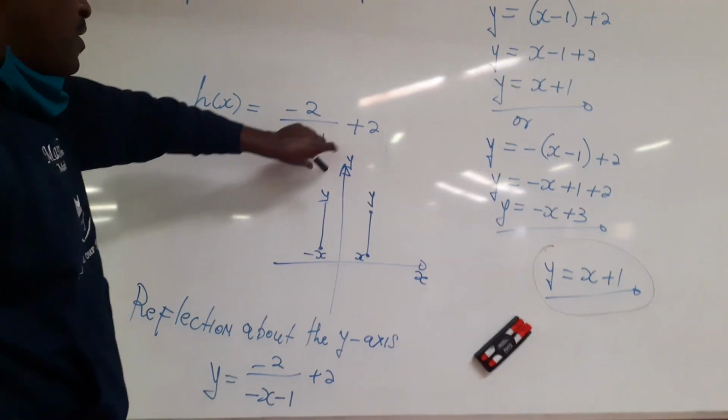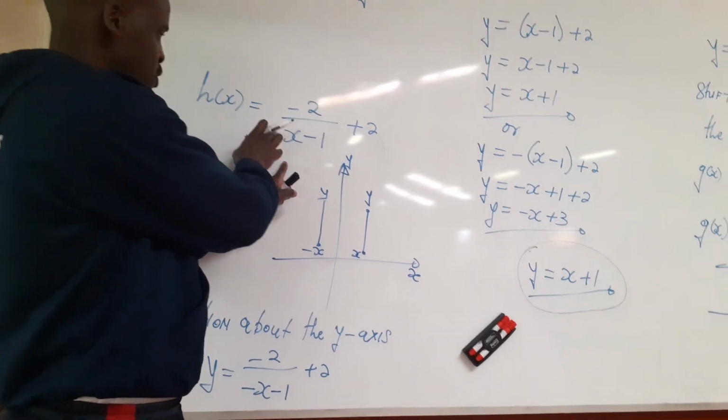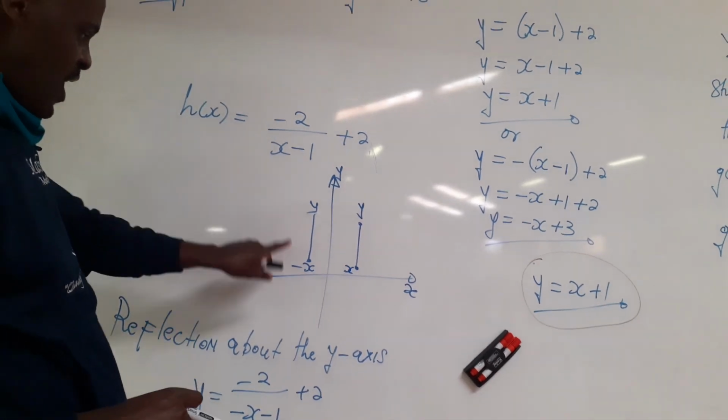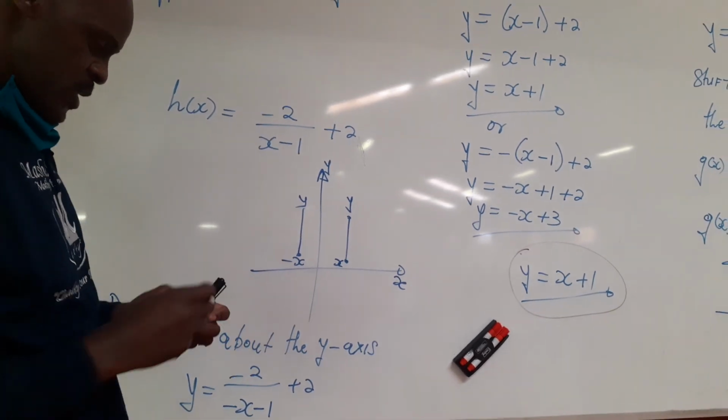Everything will be as it is. The only thing that you are going to do, you multiply x by negative as you did there. This is the image of that after reflection about the y-axis.